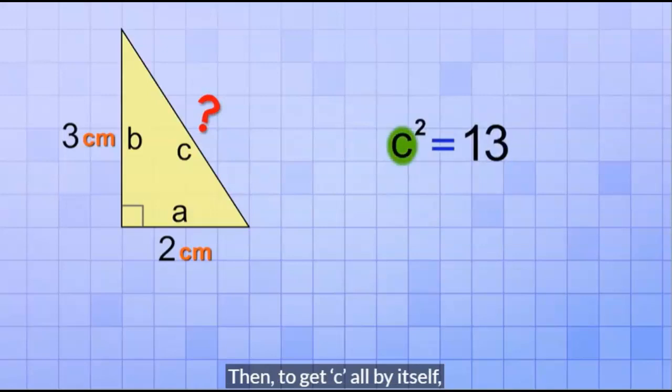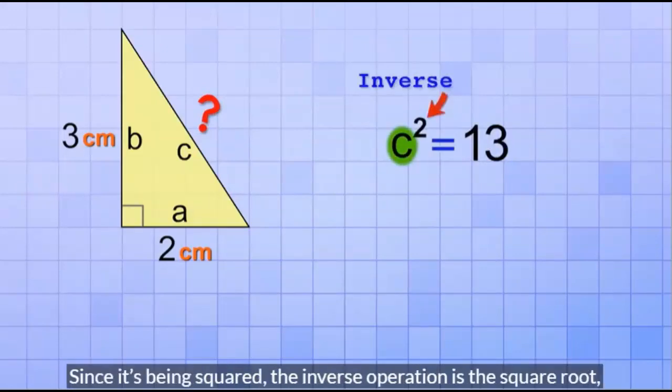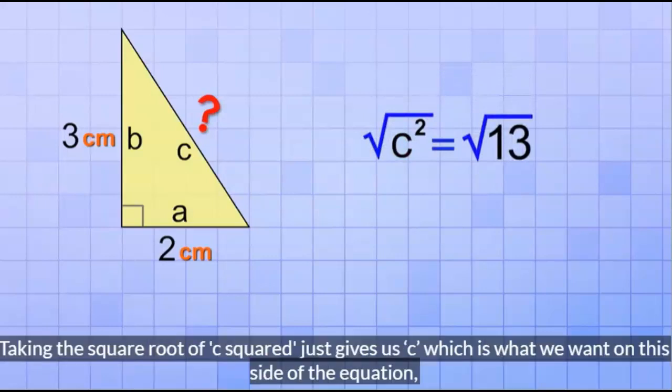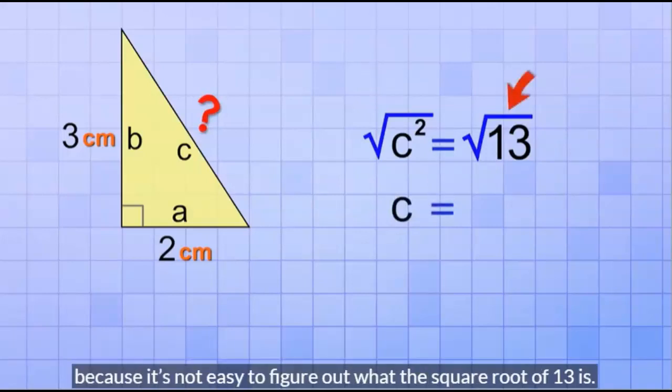Then, to get c all by itself, we need to do the inverse of what's being done to it. Since it's being squared, the inverse operation is the square root, so we need to take the square root of both sides. Taking the square root of c squared just gives us c, which is what we want on this side of the equation. But it gives us a little problem on the other side, because it's not easy to figure out what the square root of 13 is.